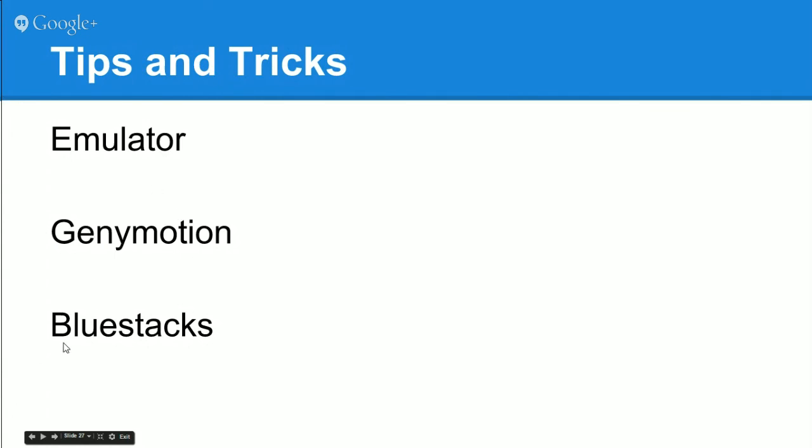BlueStacks is usually for gaming, but you can do both actually. Usually I use Genymotion. So go and download and try comparing with the Android emulator. I think Genymotion is a lot better.